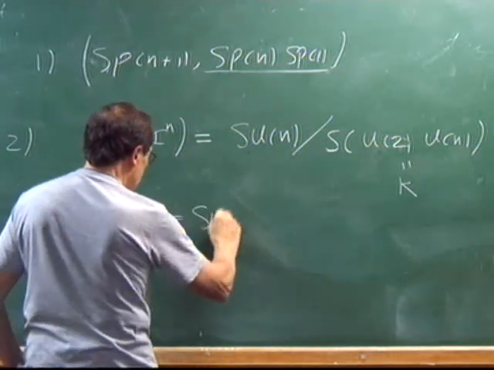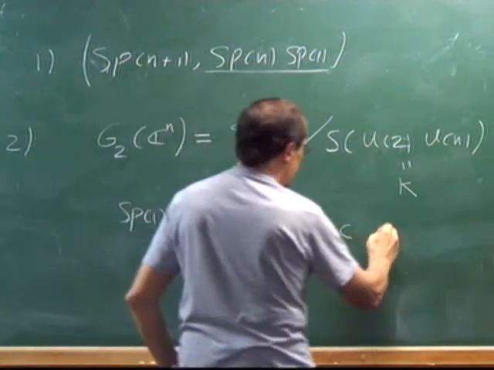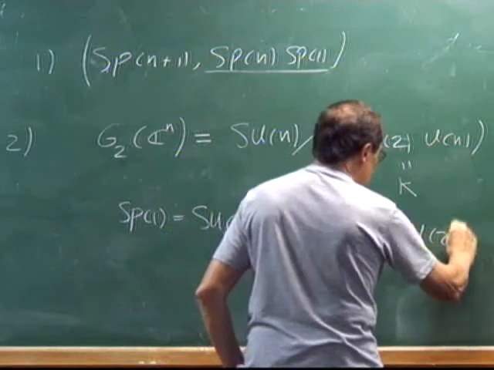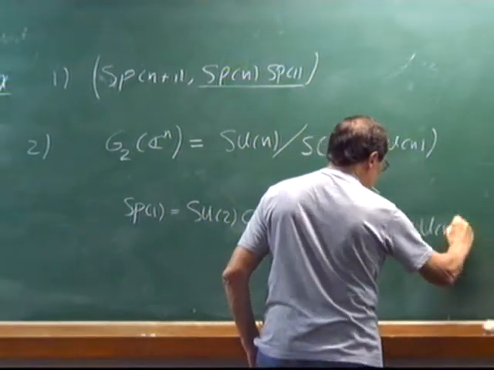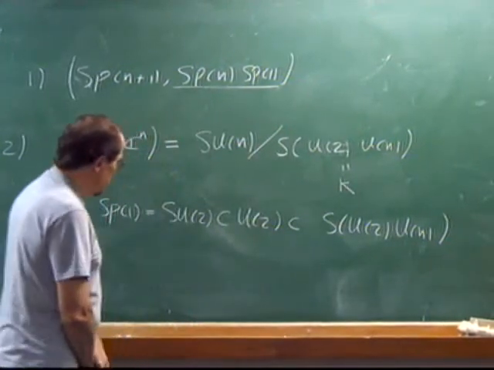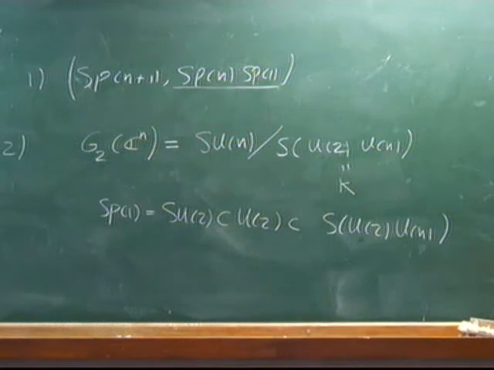Let's think of it as SU2 that sits inside U2, which sits inside S of U2, UN. There's a terminal 1, so I only have to put something here and nothing over here. So SPn is a subgroup of this.